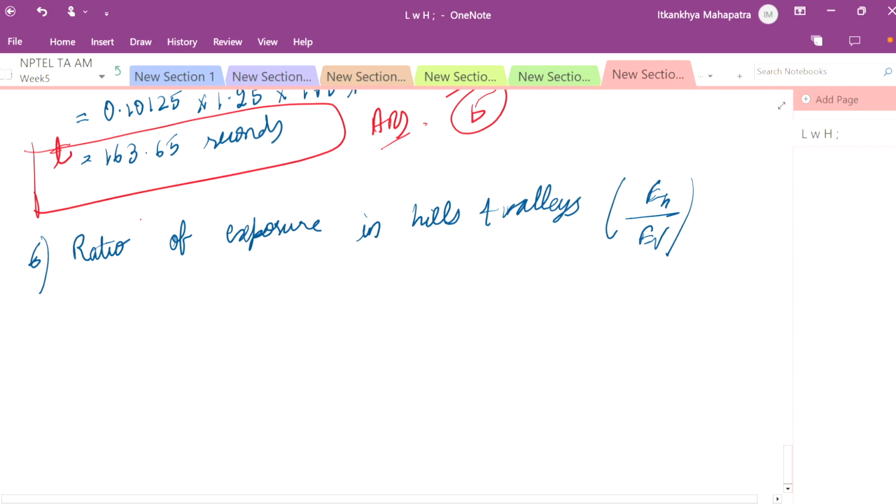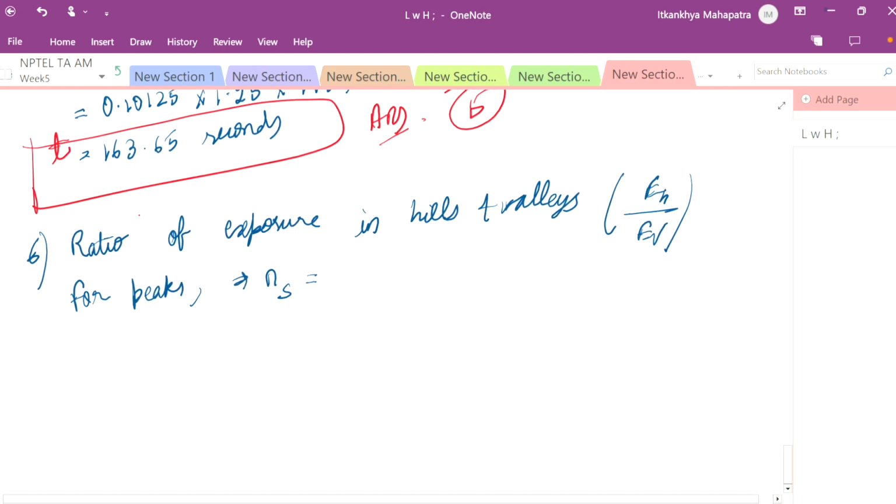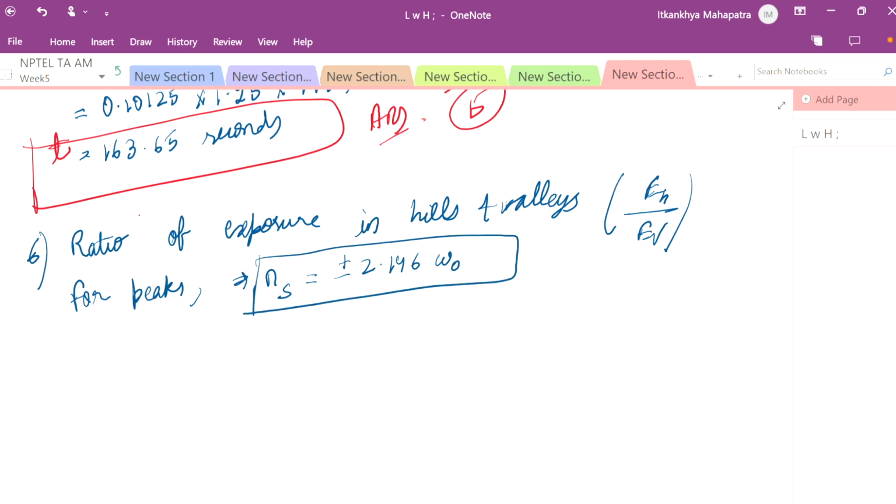So for peaks we have NS, the number of spacing, equal to plus minus 2.146. You will get this from the graphs in the videos; you have to refer to the lecture videos.